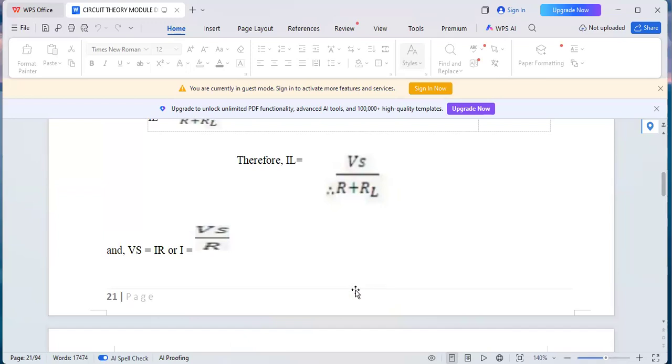And then the load resistor will be added to the internal load. So we now have Vs over R. R that you see is the total resistance.